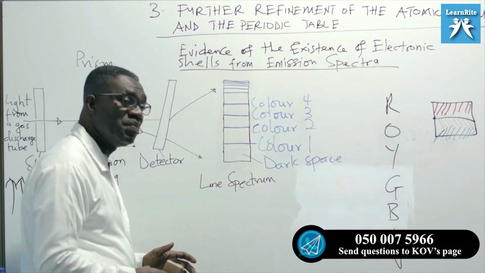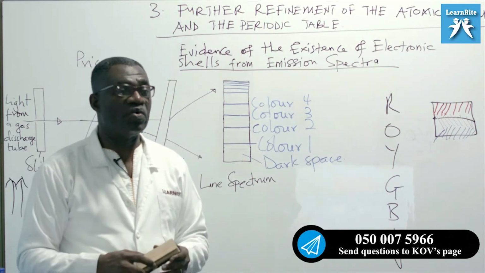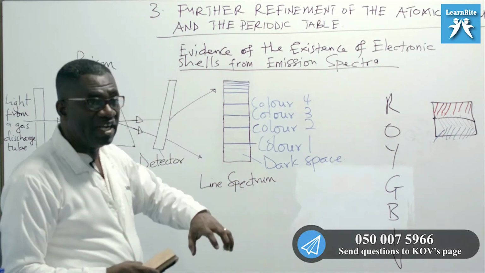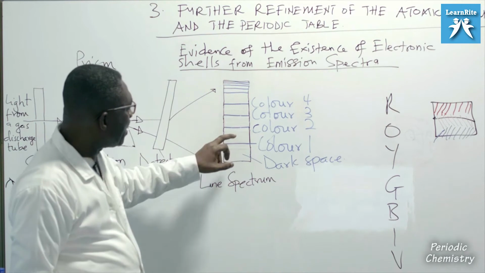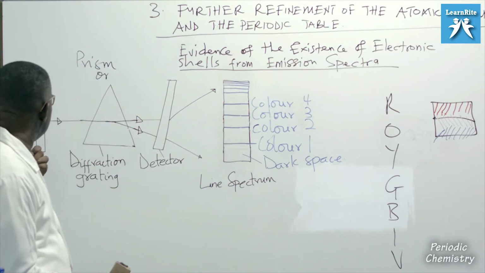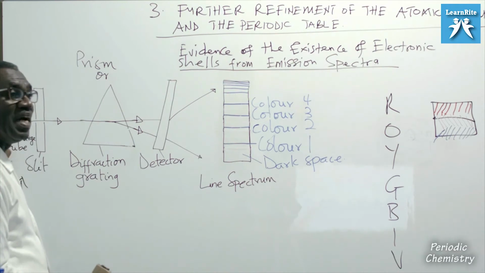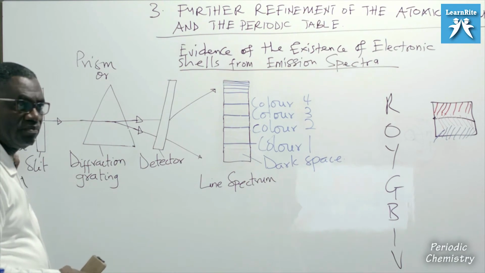But a line spectrum is different. It's a series of colored lines or radiations with different energies, and they are separated from each other by dark spaces. So this diagram is representing a spectrum coming from a light source that has been produced from a heated gas.